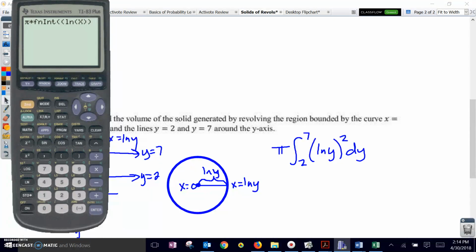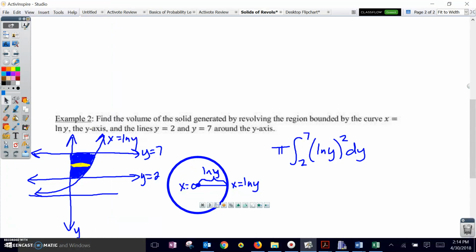That doesn't matter one bit. And so we're going to integrate that from 2 to 7, and we'll punch this up, and that gives us the volume of our solid.